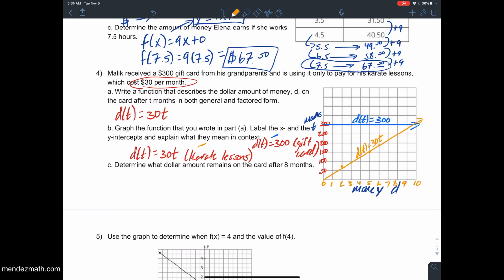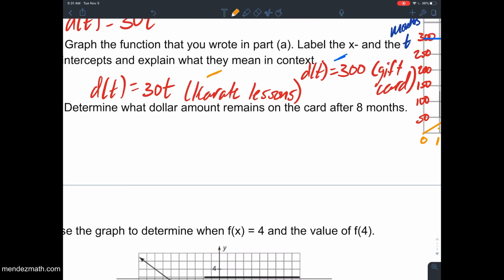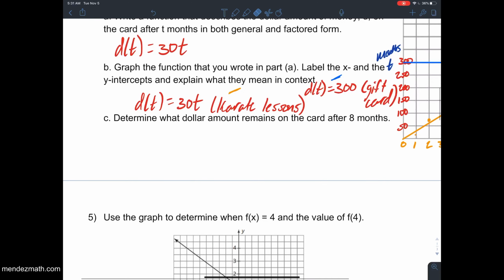Determine what dollar amount remains after 8 months. You could look at the picture here and say, well, at 8 months, around 240, 250 will be left over. But because our graph isn't accurately drawn to scale, it's a little harder. So I recommend you use the functions. So let's do D of T equals 30T, where T represents the months.